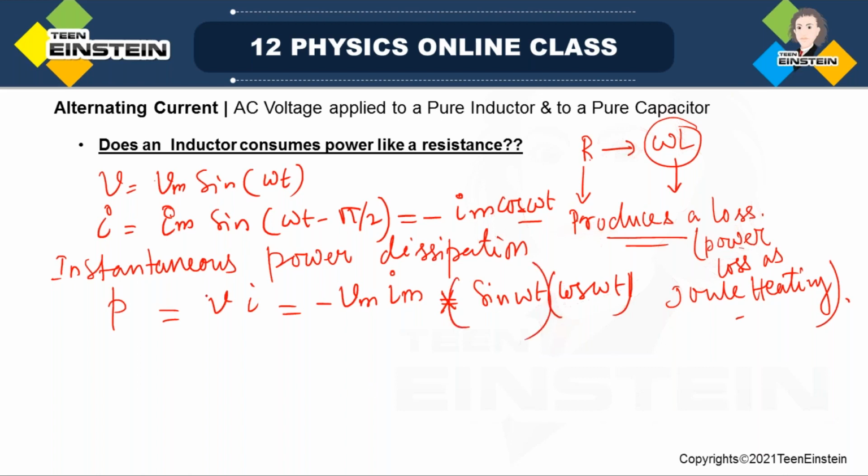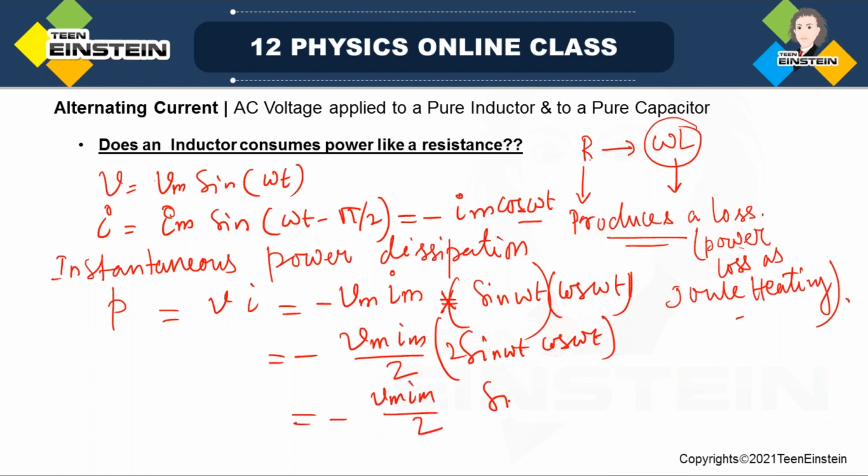What I have got is Vm Im by 2, and since I get sine omega t cos omega t, multiplied by 2 in front, this gives minus Vm Im by 2 sine of 2 omega t.